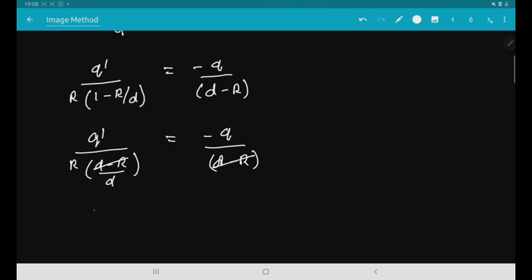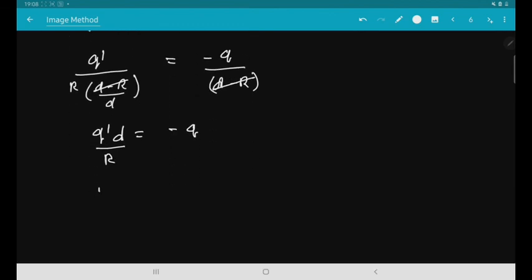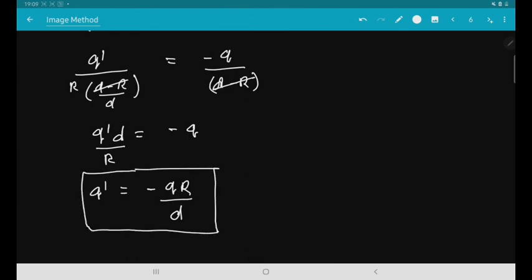This small d will go in the numerator. Q dash d will be equal to minus q R. So finally we'll get the value of q dash, which will be minus q capital R divided by small d, where d is the distance from the center to the actual charge.